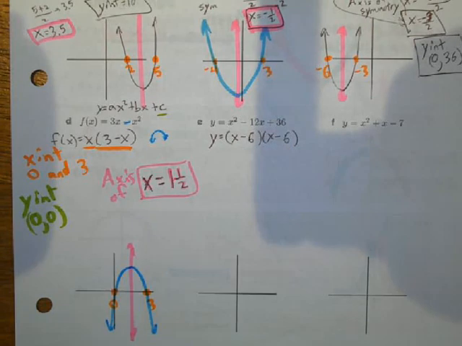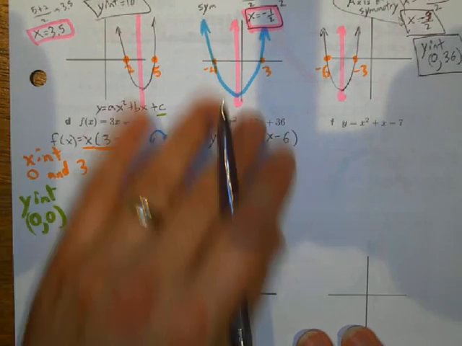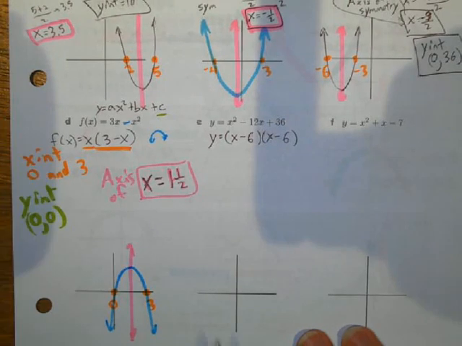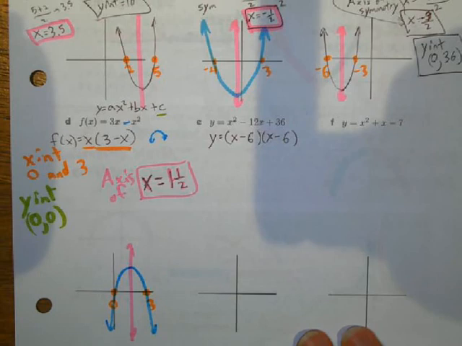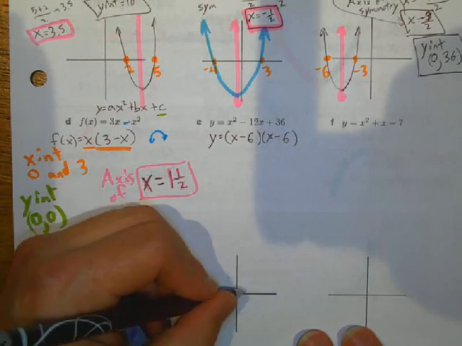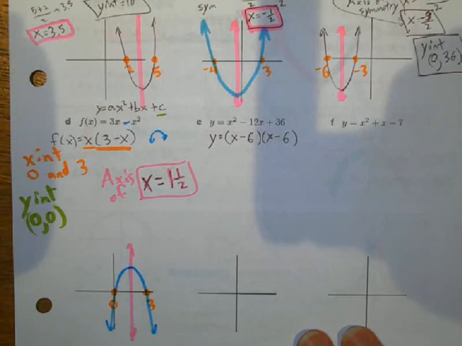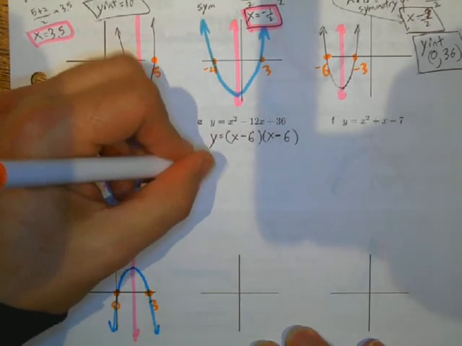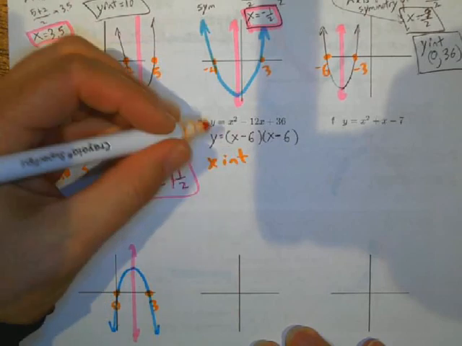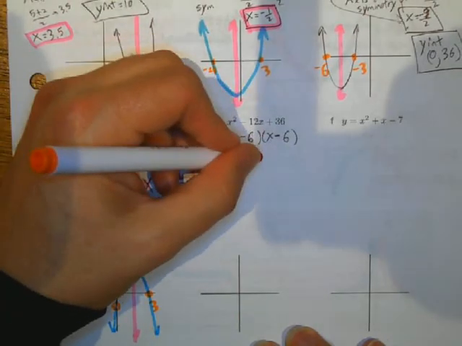What happens if the root is twice? That means our parabola crosses the x-axis at one spot, not two. The x-intercept is when x is 6.